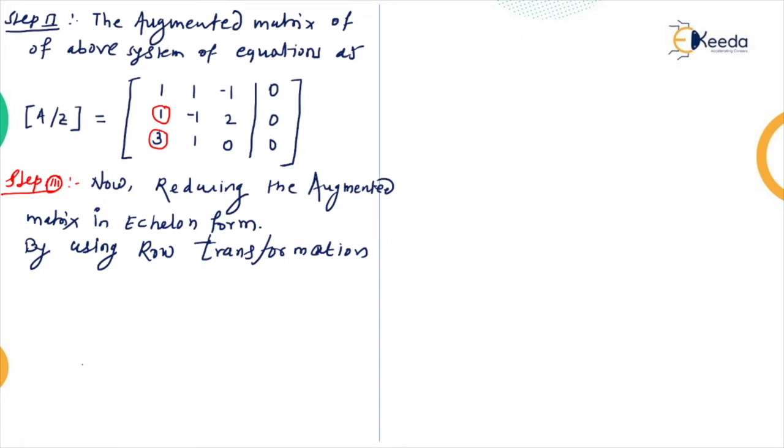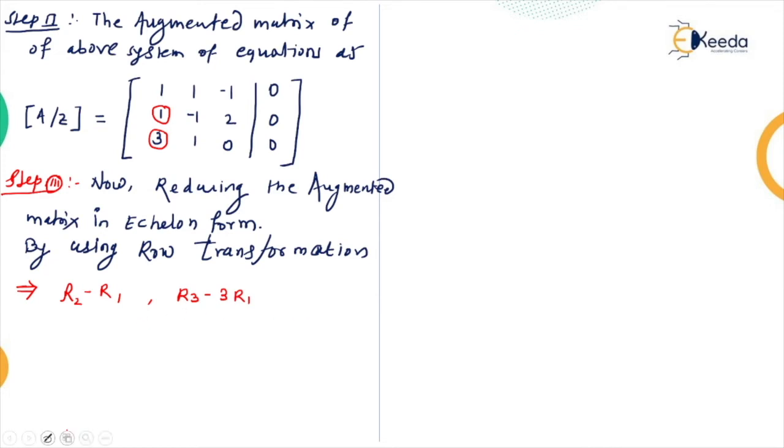So we perform the operations R2 minus R1 and R3 minus 3R1. With the help of row R1, we make 0 below the leading element.